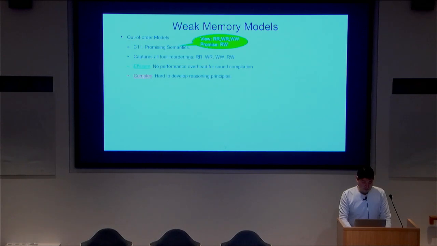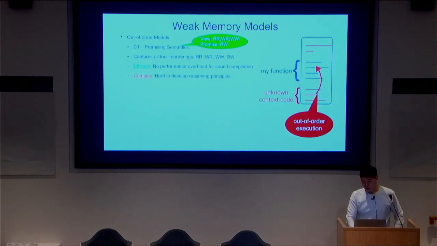These models are efficient in the sense that programs can be efficiently compiled down to hardware for sound compilation. But the downside is that they are quite complex, very complex because the instructions can be executed out of order. So reasoning about programs is hard, and it's not easy to develop good reasoning principles.